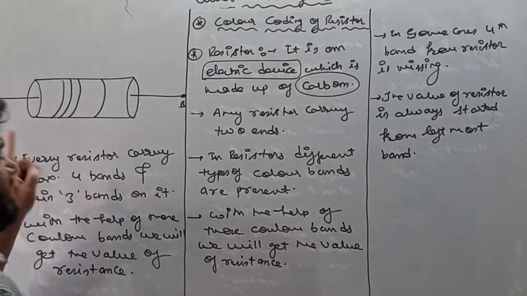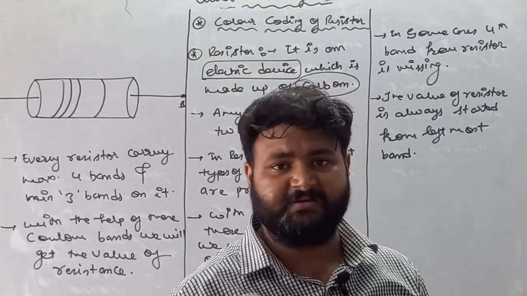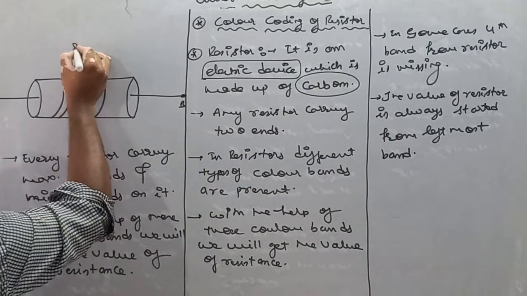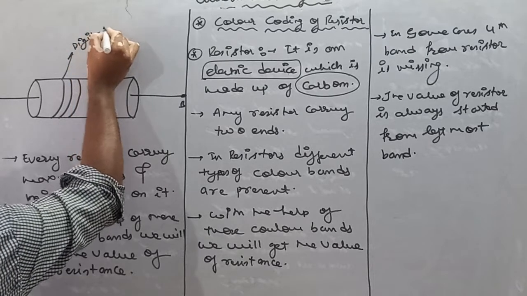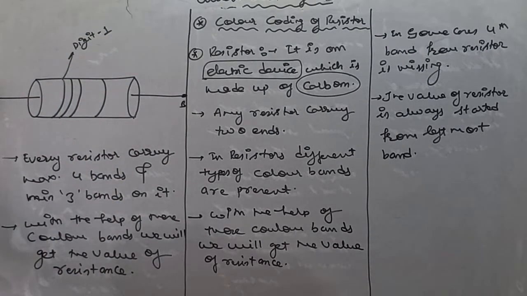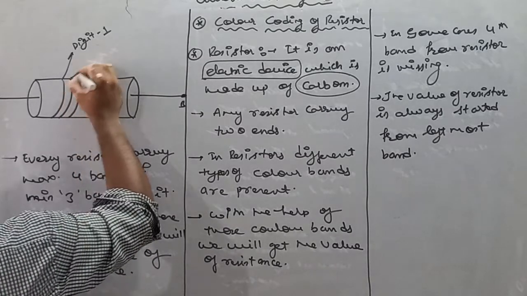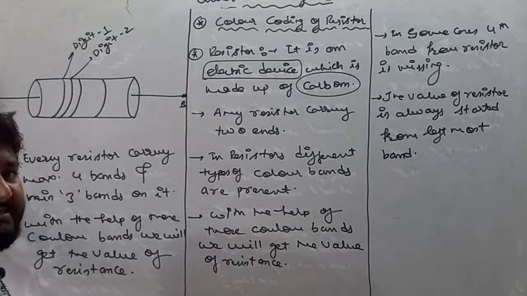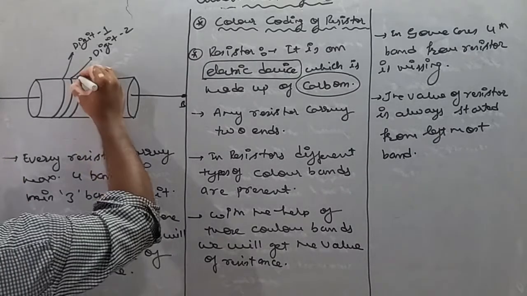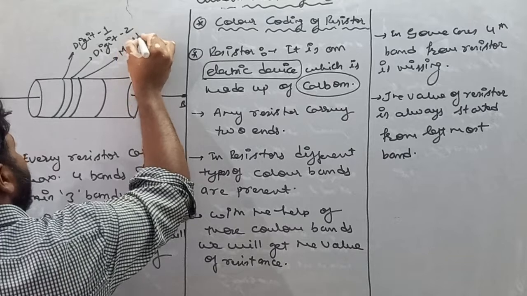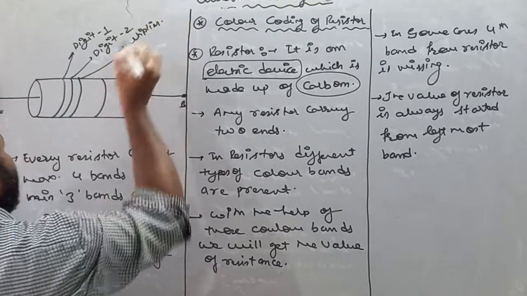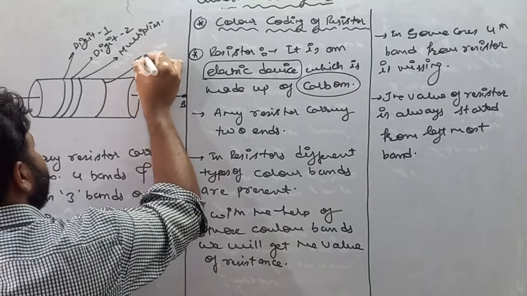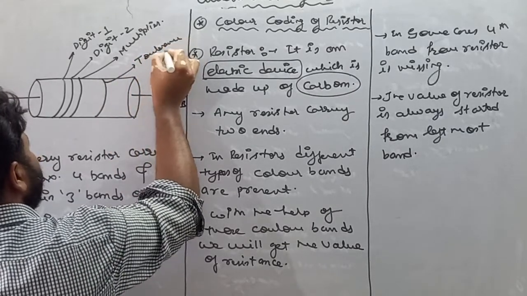So always remember, the value of resistance can be calculated from the leftmost end. So see, my dear student, the first band is said to be digit 1. The second band is said to be digit 2. The third band represents the multiplier. And the fourth band is considered to be the tolerance value.